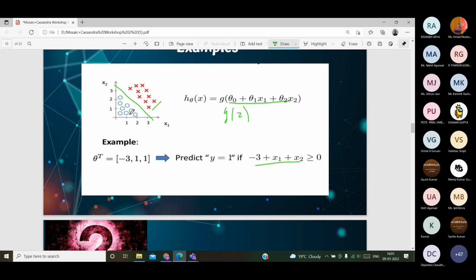And whenever it is less than 0, g of z is less than 0.5, and that corresponds to the negative class. This is how easy the sigmoid function has made the classification. It is one of the huge advantages, and you can see it can easily classify the positive and negative classes. So this is one example.